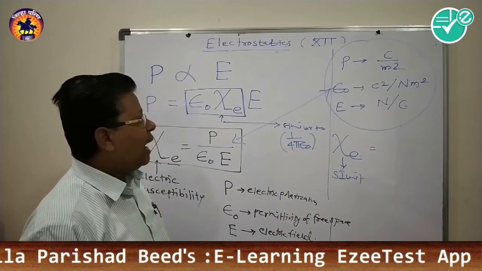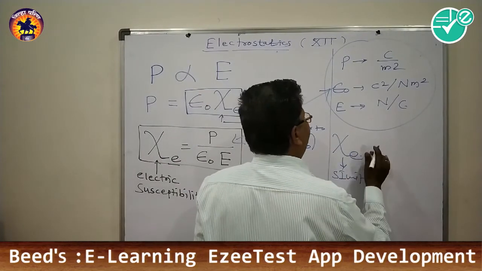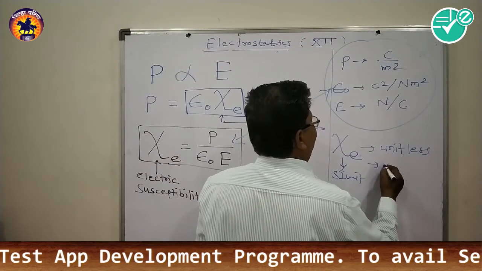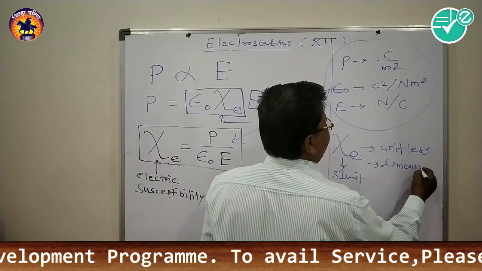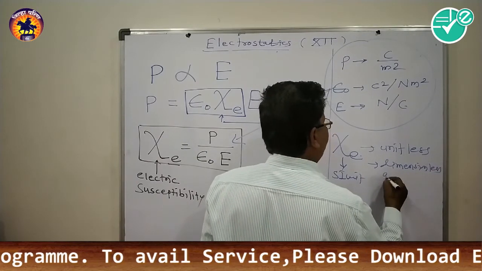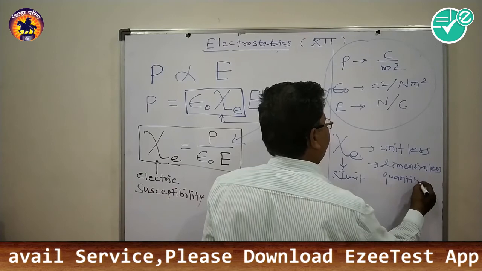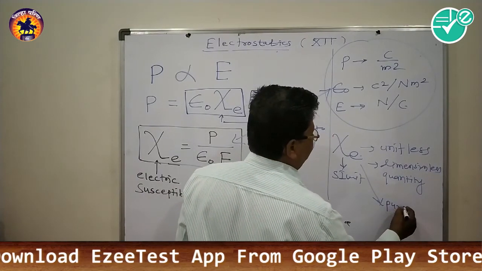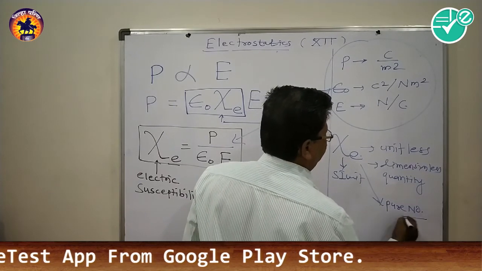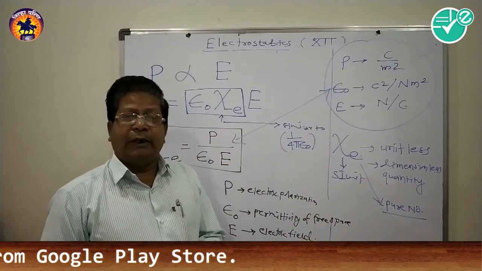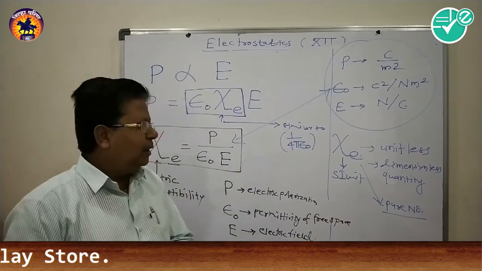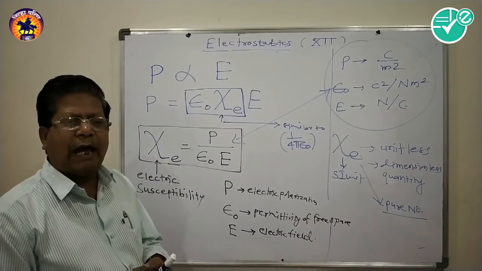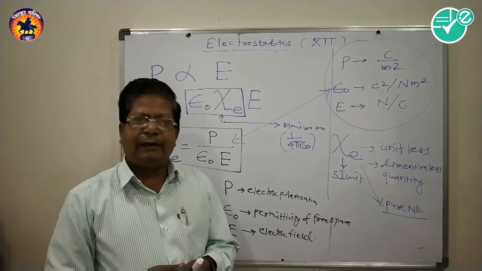That means chi E is a unitless and dimensionless quantity. Chi E is a pure number. So electric susceptibility is a pure number which does not have any unit and dimensions.